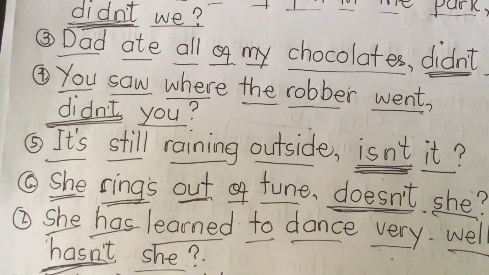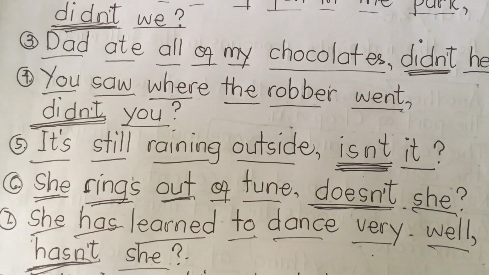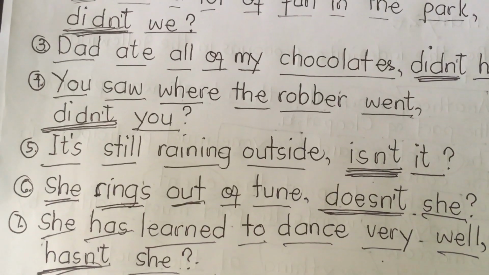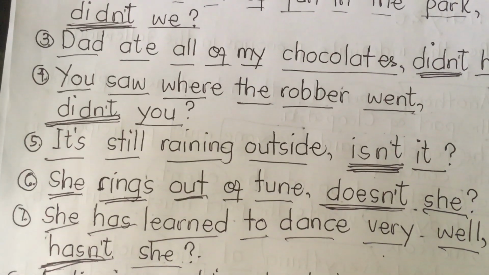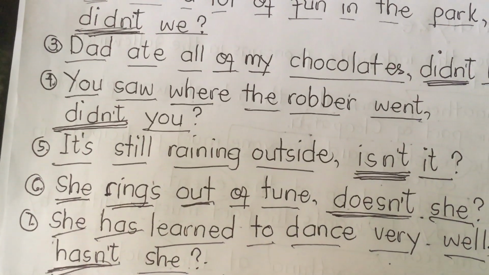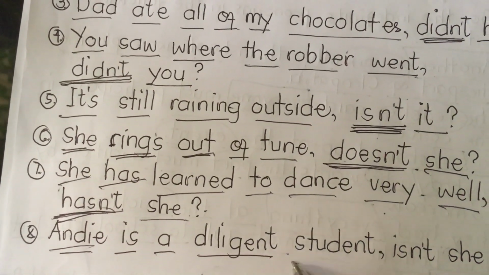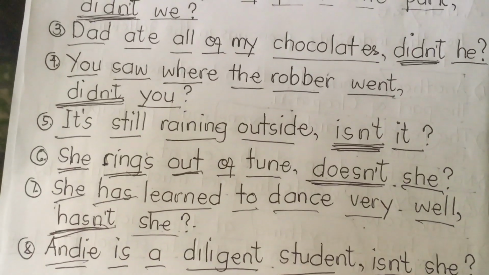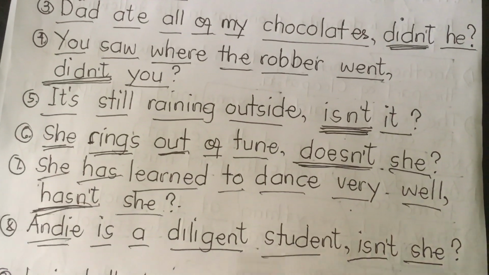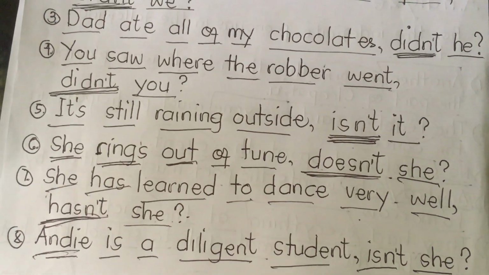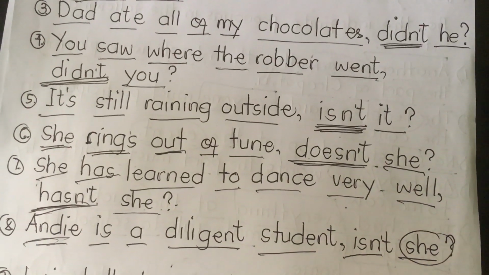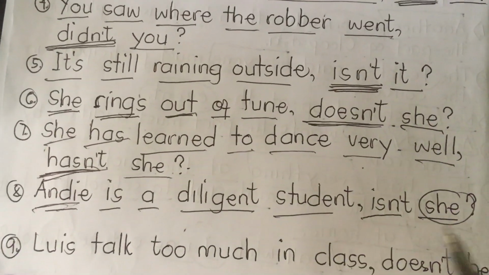So we're going to convert from a sentence to a tag question, or an interrogative sentence, which is an asking sentence. Andy is a diligent student. So we're now asking, isn't she? Because Andy is a girl, that's why we use the pronoun she.